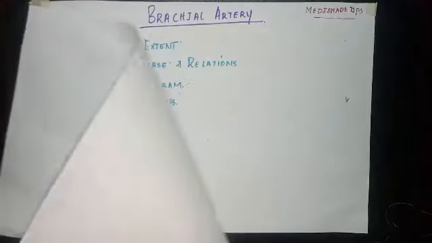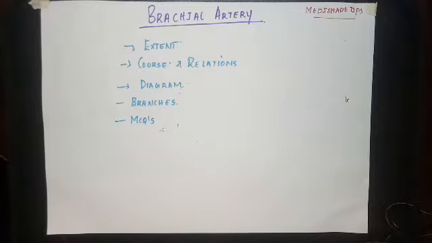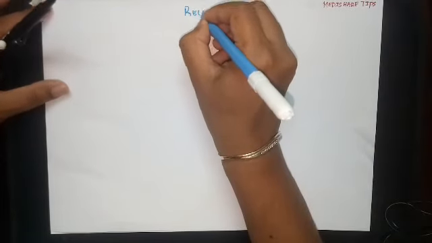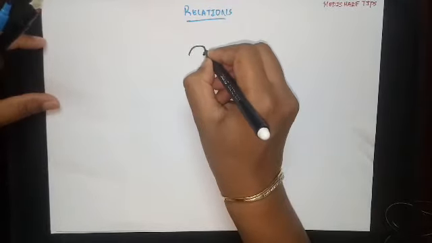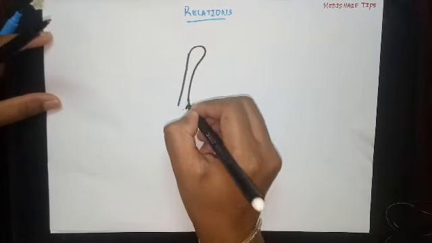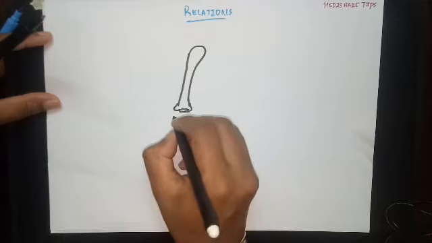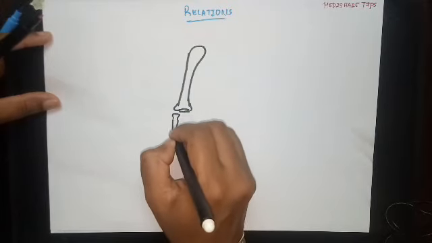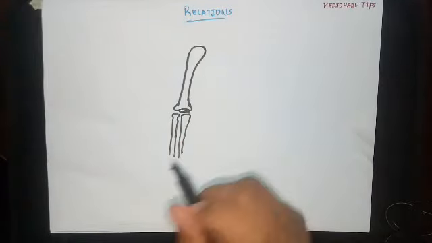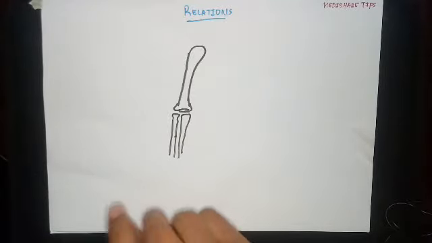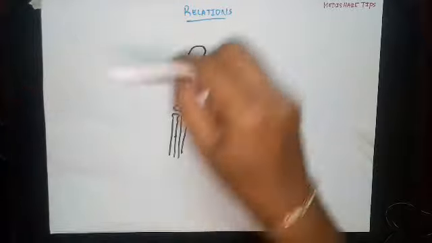Now we will discuss the relations of the brachial artery. So this is the teres major muscle.